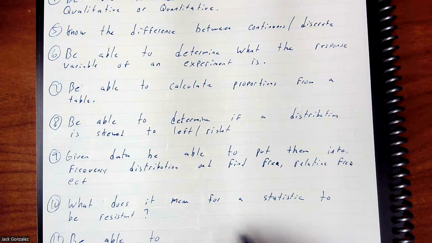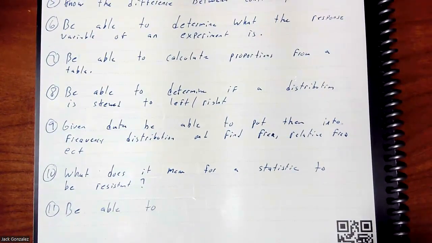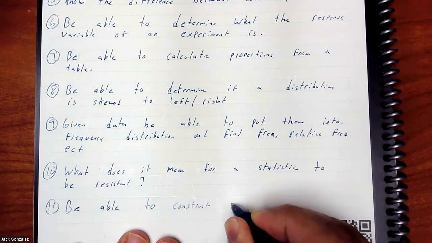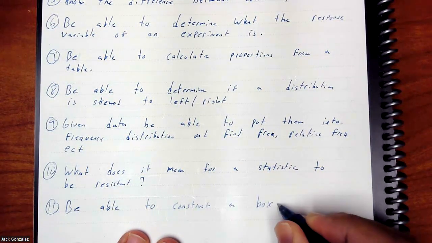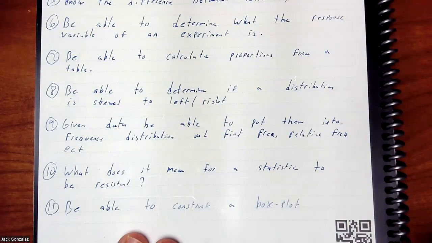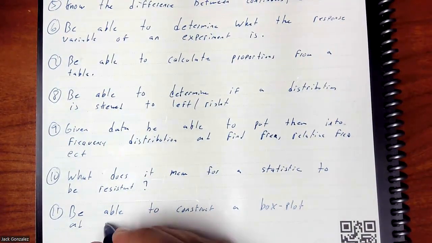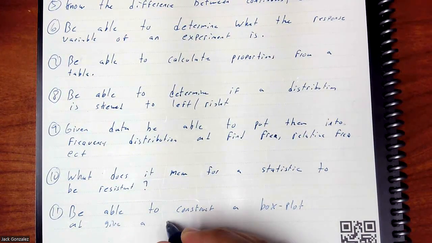Be able to construct a box plot and give a 5-number summary.